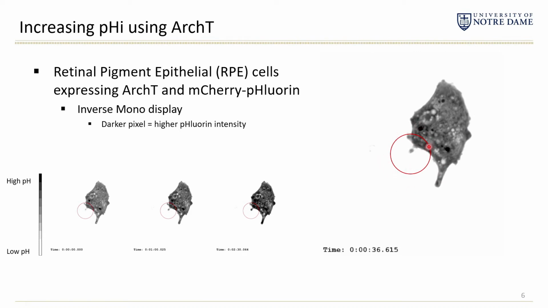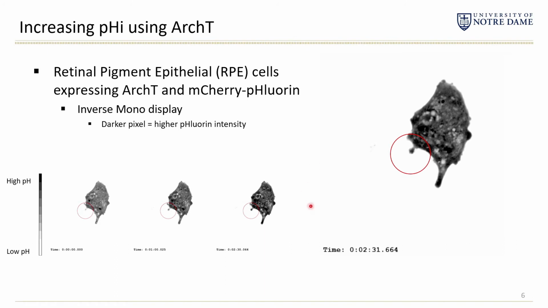And you'll see here that the fluorine intensity is getting darker over the course of the 2.5 minute period. This is indicative of the pHI of the cell increasing, which is what we would expect if ArchT is successfully being used to increase the intercellular pH of the cell.